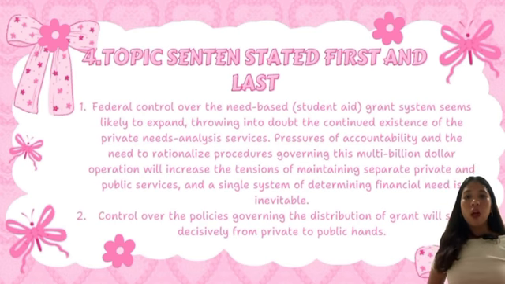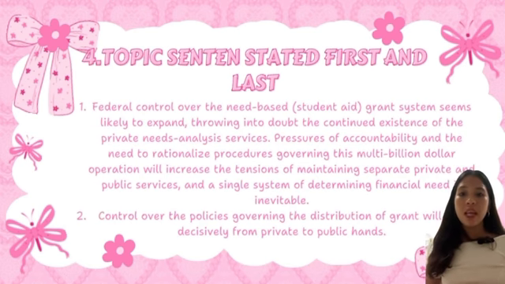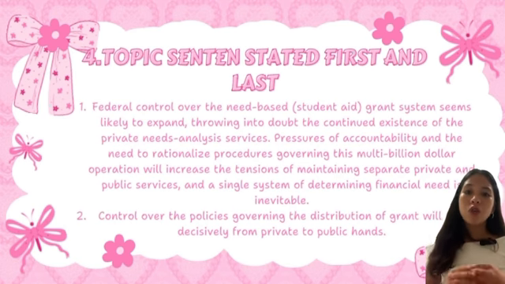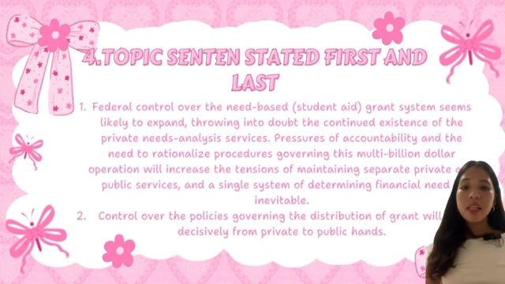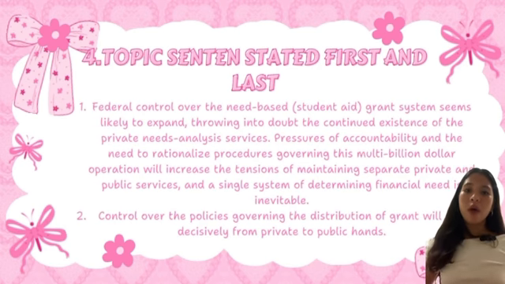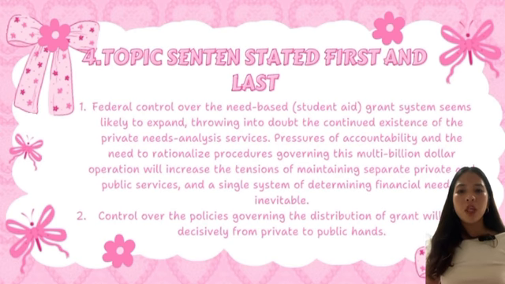So in the example, the first sentence introduced the main idea that federal control over the student aid grant system is likely to expand, leading to change and possibly ending private services. The middle sentence is not shown here but implied, and would explain why or how this is happening, mentioning accountability, rationalization, and tensions between public and private systems.